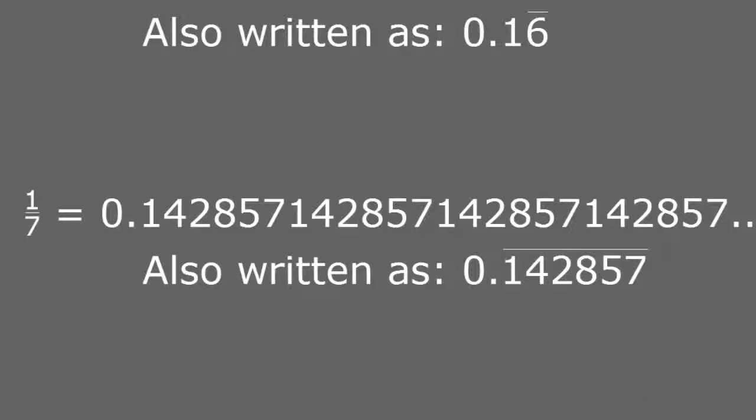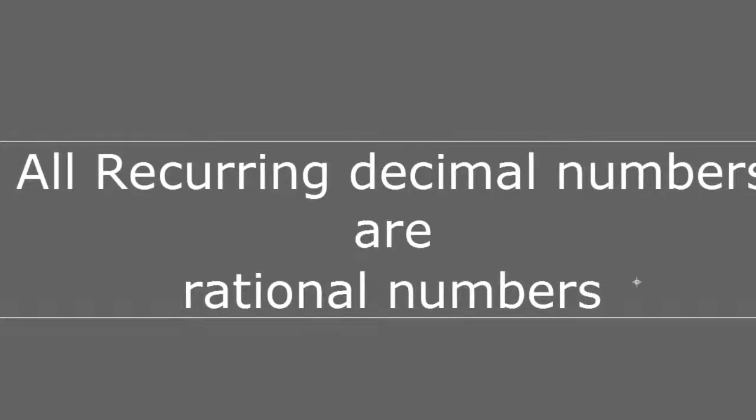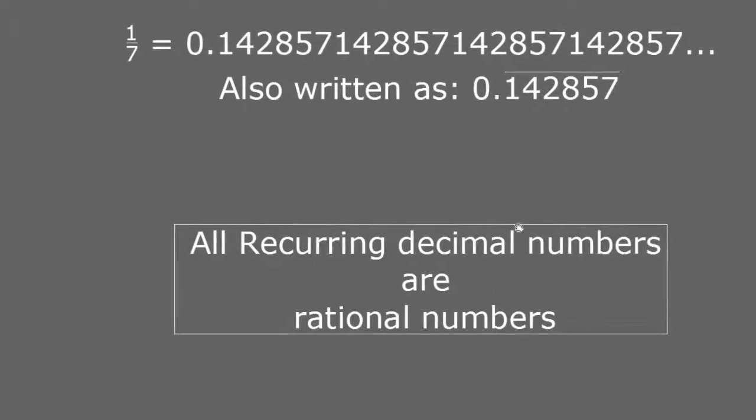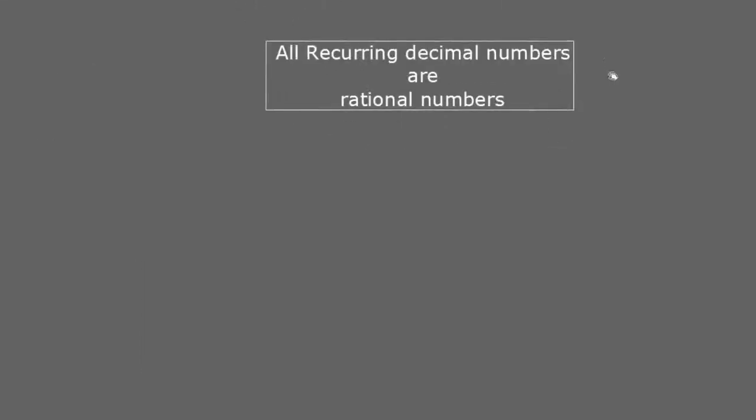There are fewer numbers, and it's much more precise to express it as 1 divided by 7 instead of using this big ugly thing. Now all recurring decimals are also rational numbers. All recurring decimals, like in the case of 1 over 7, can be expressed as a ratio or a fraction composed only of integers.